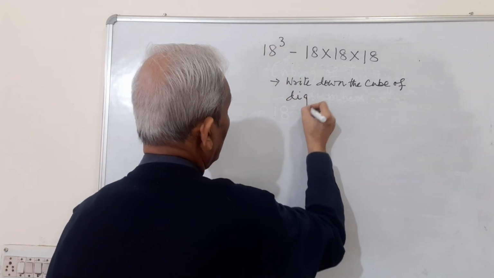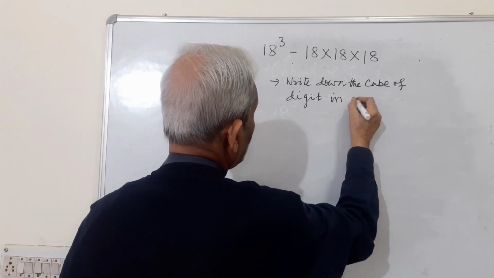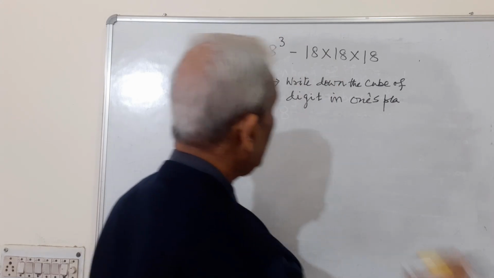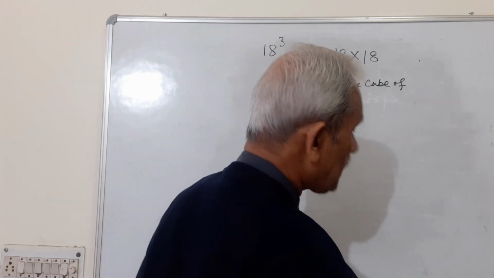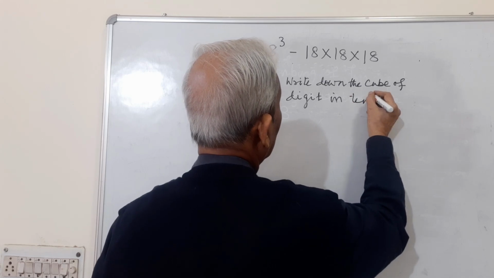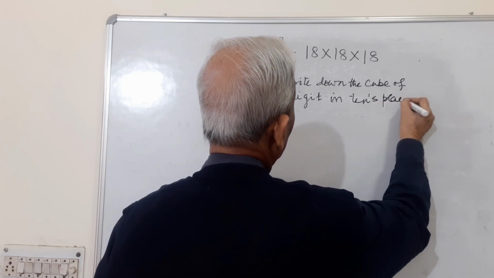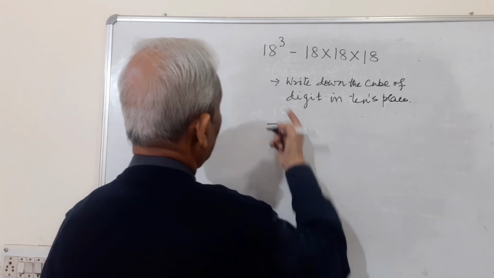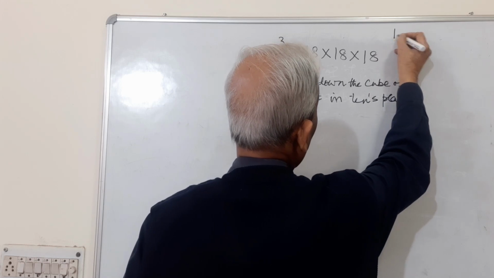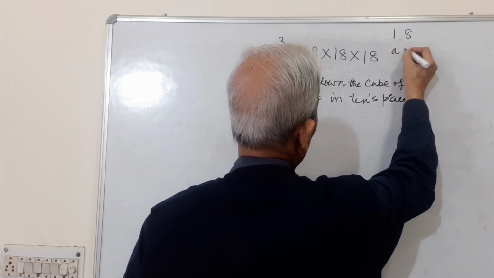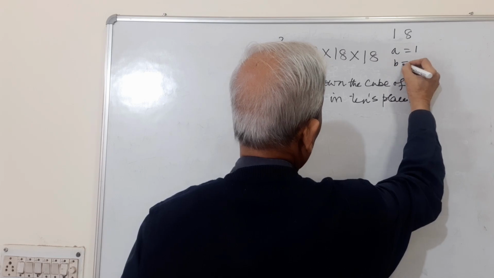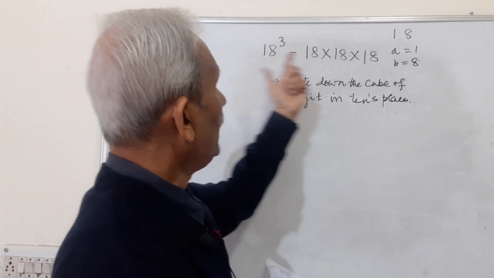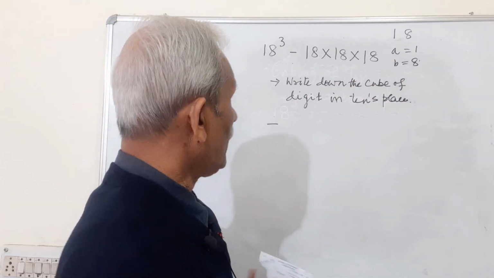Here 18, let us take for example a is equal to 1 and b is equal to 8. Think of it like this, it's (ab) whole cube where a is 1 and b is 8. It will help us to understand the thing better.